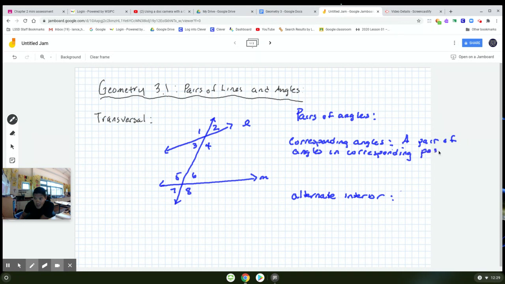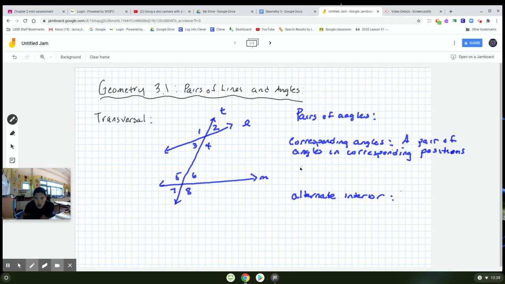But if I look at just one angle, such as angle 1, here's what I notice, and here's what you should notice as well. Sorry, I didn't label this line. This is line T. That's the transversal. Notice angle 1 is above line L, and it's to the left of the transversal.